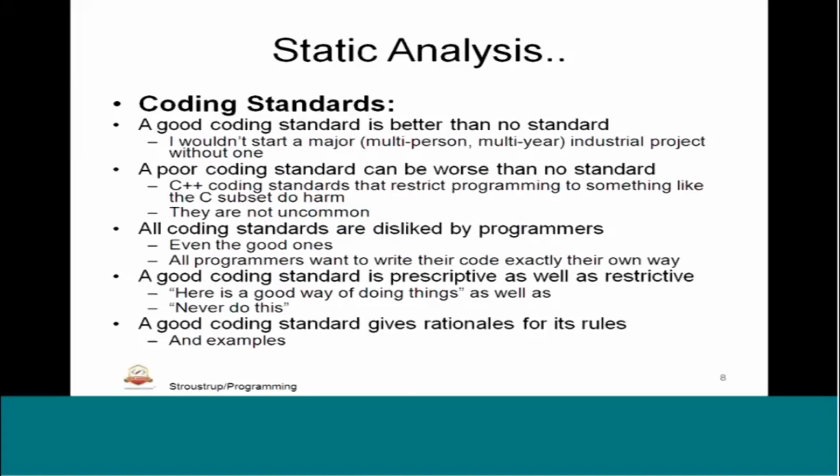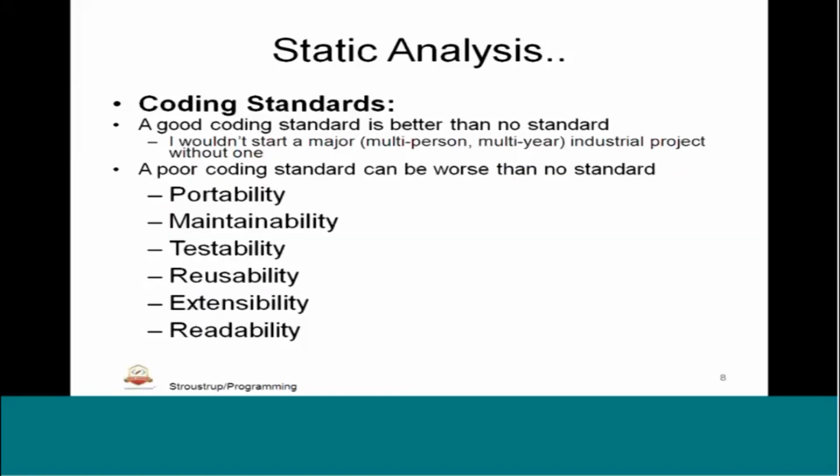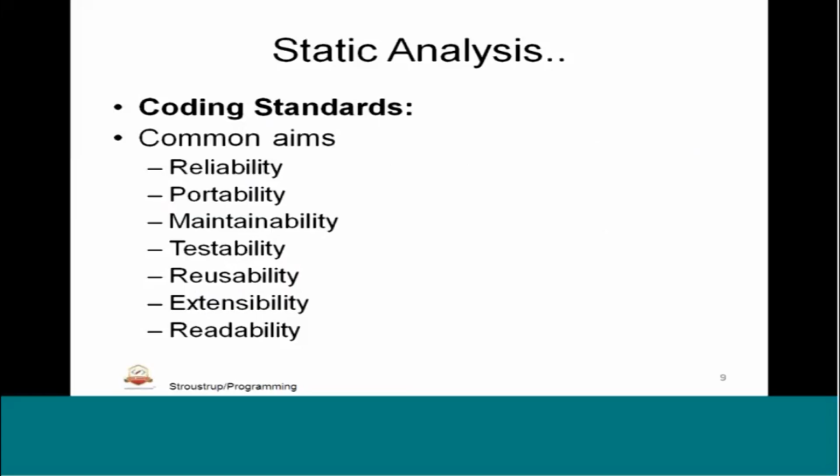A poor coding standard can be worse than no standard, so it is better to have a standard. The common objectives of a coding standard are reliability, portability, maintainability, testability, reusability, extensibility, and readability. That's very important, so that the code is maintainable.